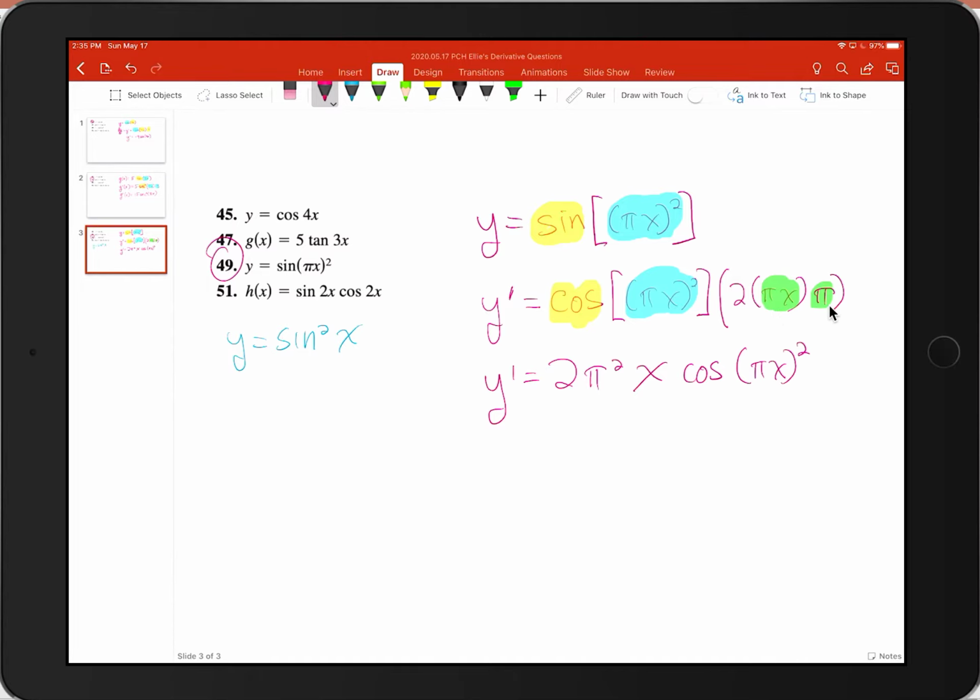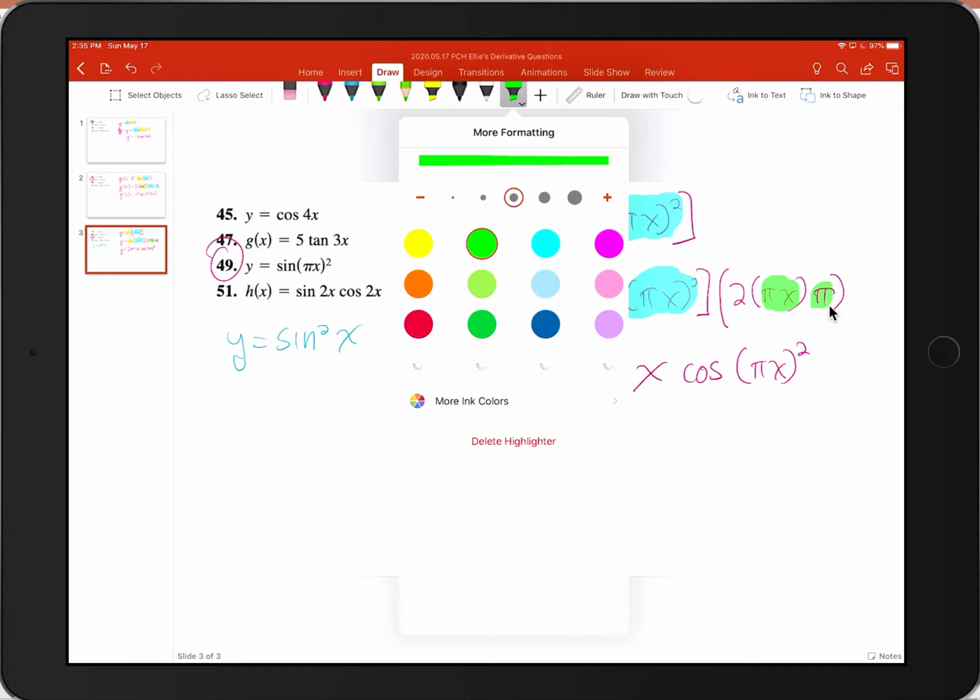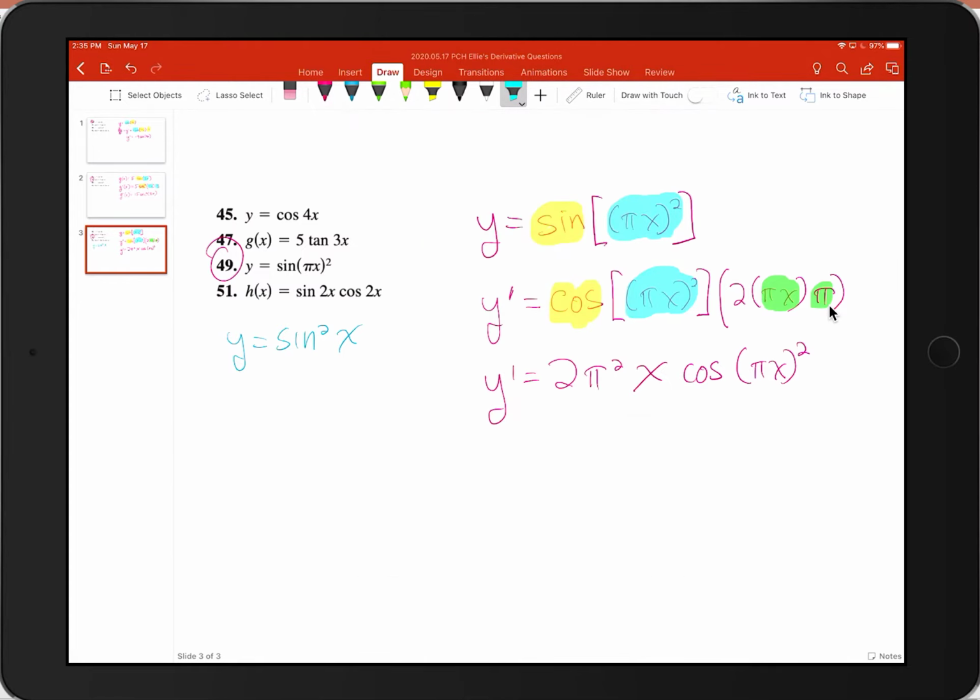So this whole bit is the derivative of pi x squared, but then we have to apply the chain rule again, and the derivative of pi x is pi. Hope that was clear. If not, we'll go over it in class. But yes, when you have multiple embedded inside functions, the chain rule works multiple times.